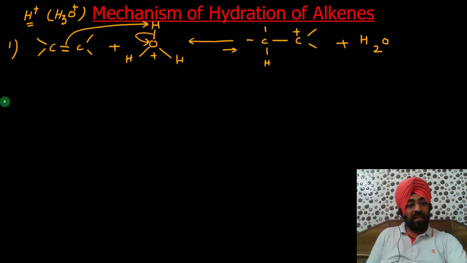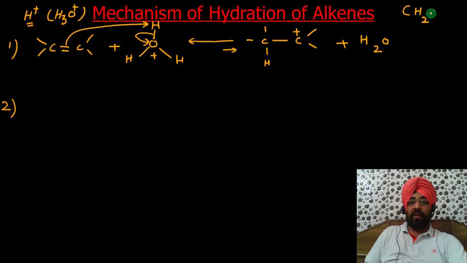Now in the second step there is addition of nucleophile, and nucleophile in this reaction is water. So water has these two lone pairs, so it can act as a nucleophile. So what will happen in the second step?